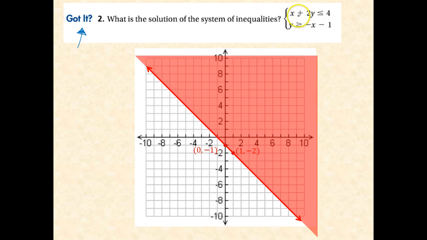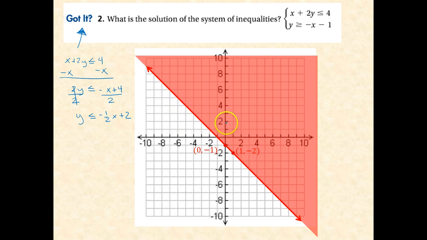This one we need to get in slope-intercept form. We got x plus 2y is less than or equal to 4. Subtract x from both sides, and we get 2y is less than or equal to negative x plus 4. Divide both sides by 2, and you get y is less than or equal to negative 1/2 x plus 2.